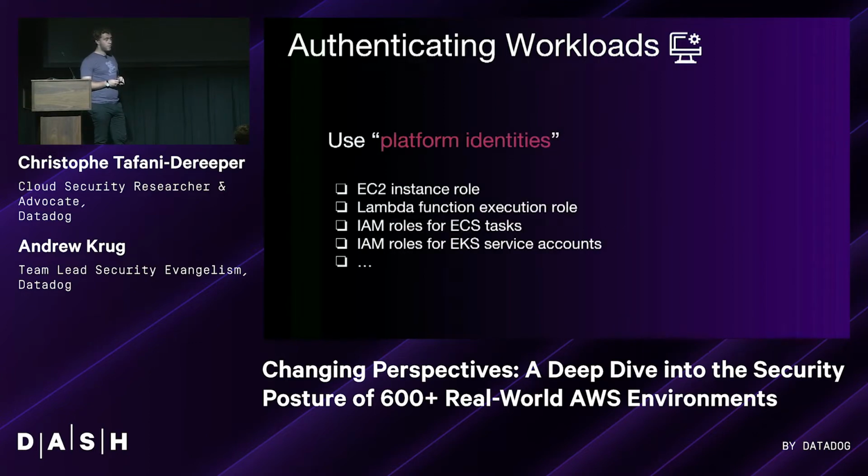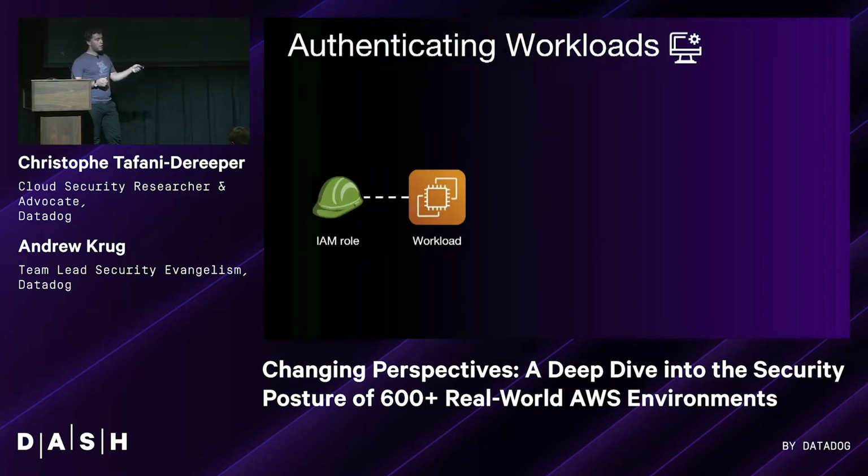And basically, the best way to do it is to use what we call platform identities. And it's the cloud-native mechanism through which you can give a logical identity to any workload inside of AWS. The name is going to be slightly different depending on what is the service. It's going to be EC2 instance role for EC2, the Lambda function execution role, and all these sorts of things. And so really the way it works, we're going to have a look, is you're going to attach a role to your workload.